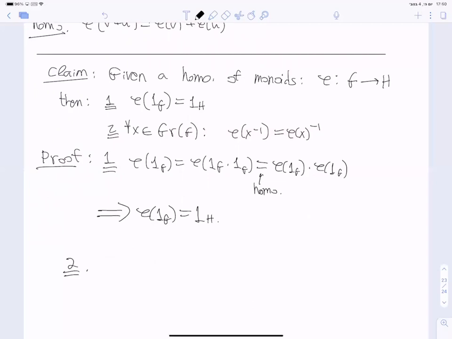For two, you do something similar. You start with 1H. And as we have seen, it must be the image of 1G. Now, instead of writing 1G, you write it like x multiplied with its inverse. Of course, we refer to an invertible element.